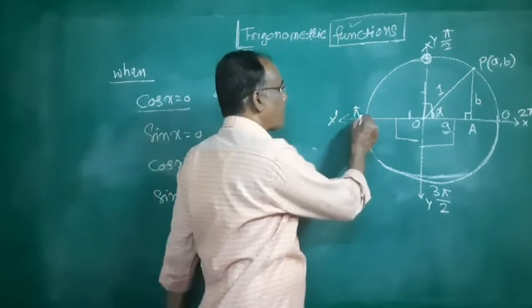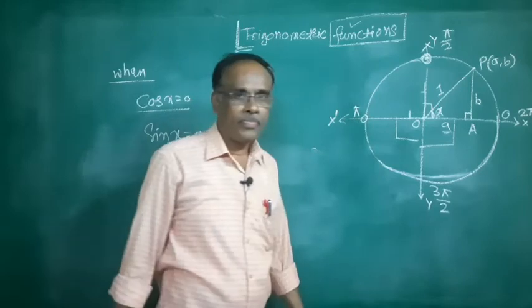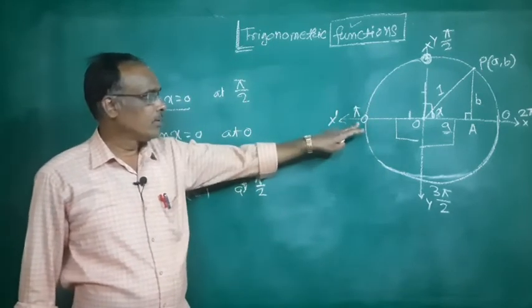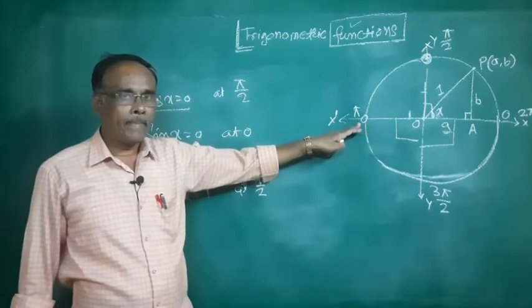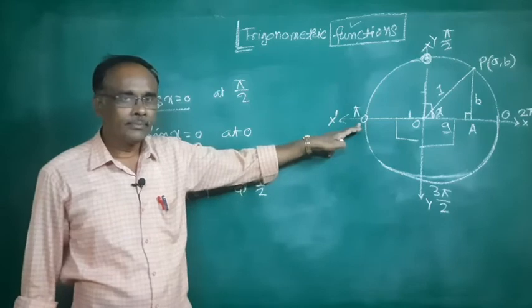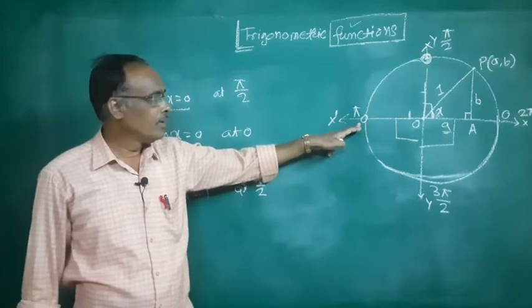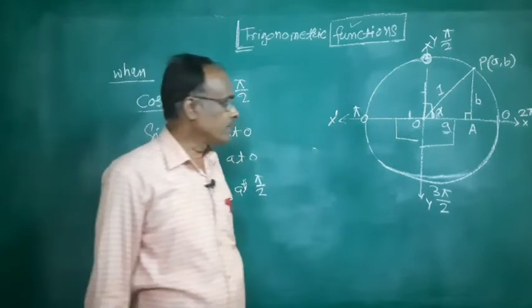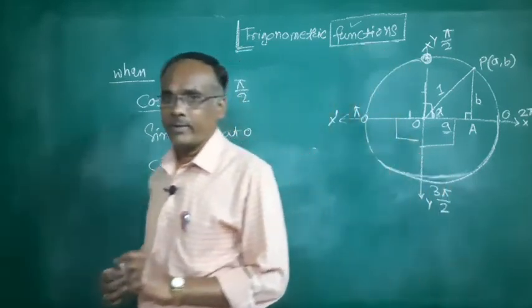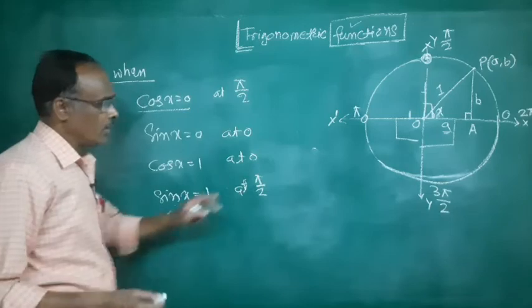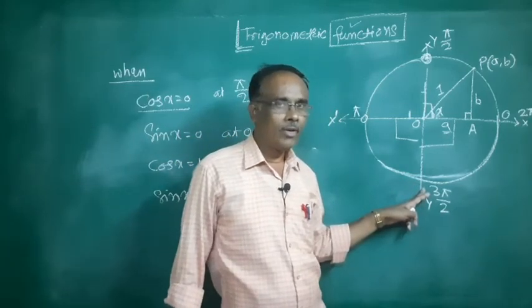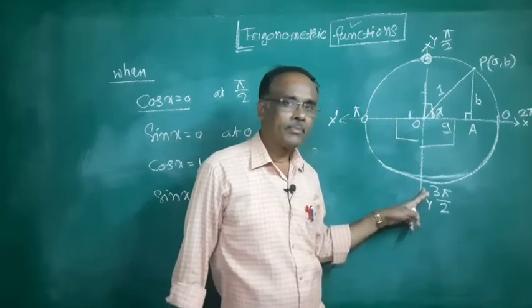On pi, cos x equals minus 1 and sin x is 0.